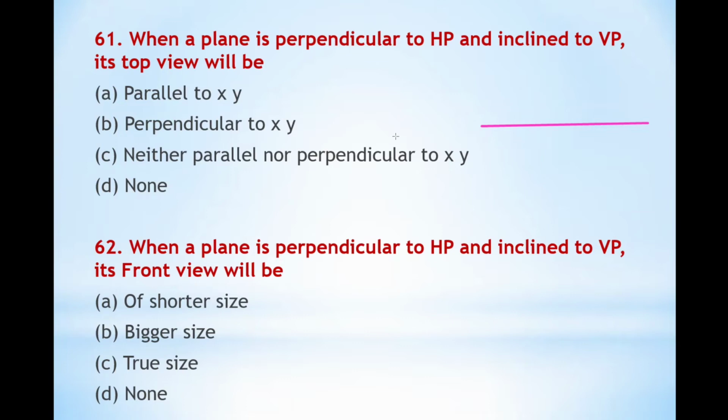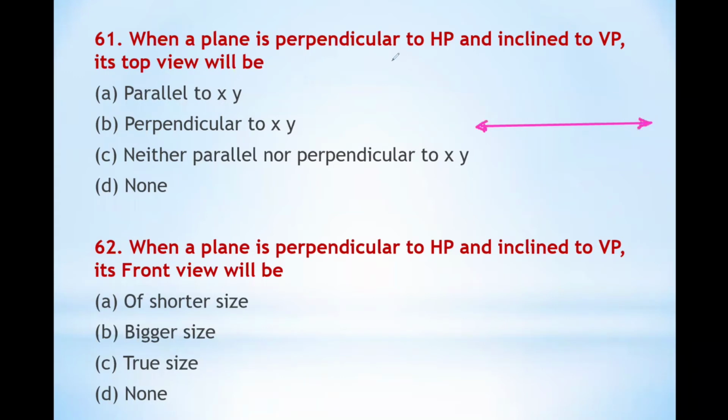Whether that edge view is parallel to XY or inclined to XY depends upon how the plane is placed with respect to the VP. And if you see here, this plane is inclined with respect to the VP.